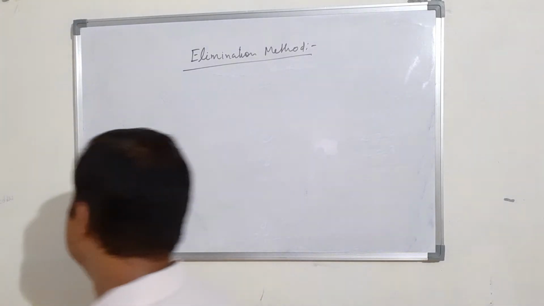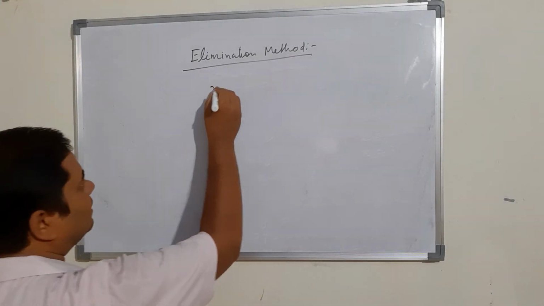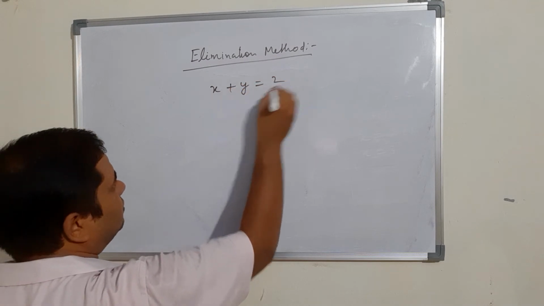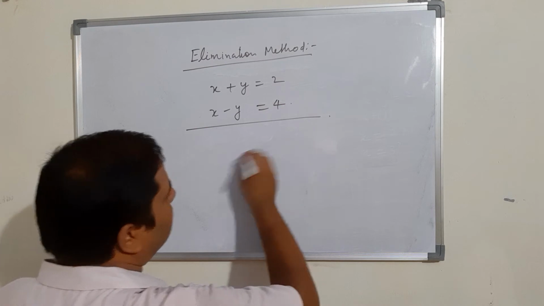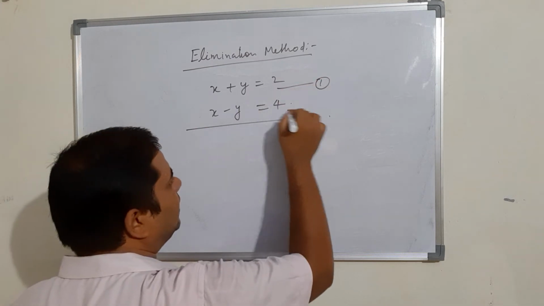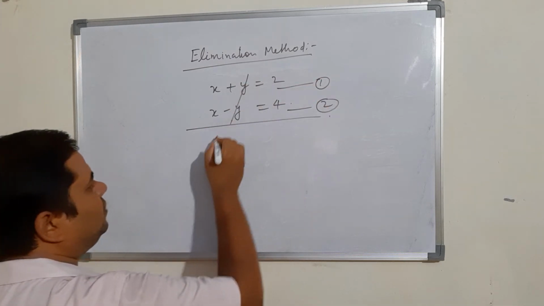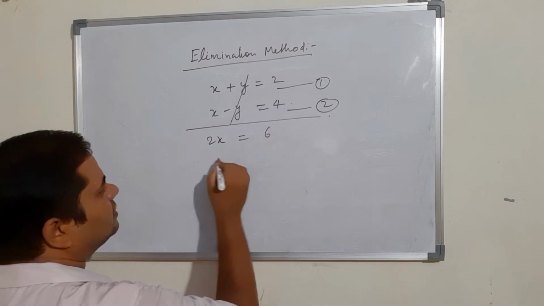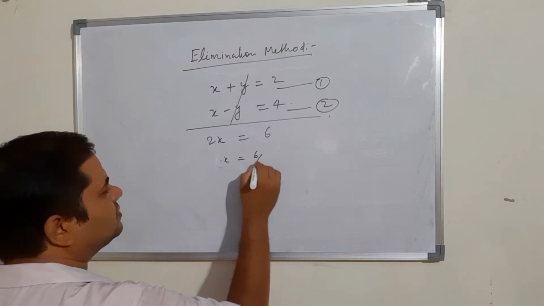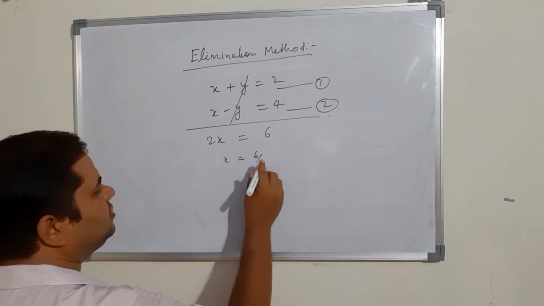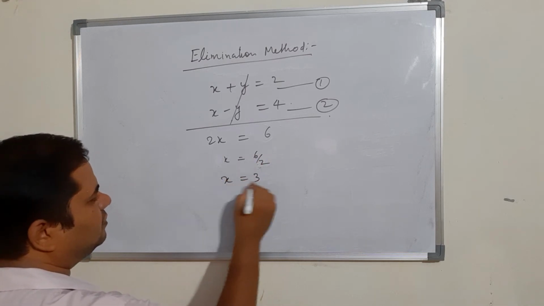For example, the same example: x plus y is equal to 2 and x minus y is equal to 4. In the elimination method, we add 1 and 2, we get 2x is equal to 6. So x is equal to 6 by 2, so x is equal to 3.